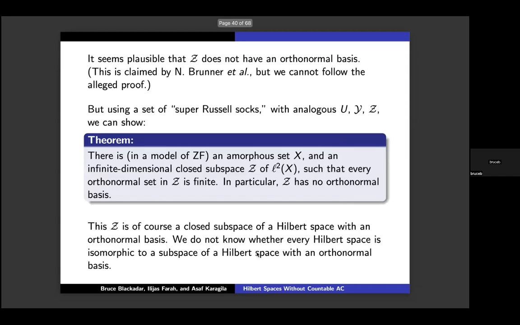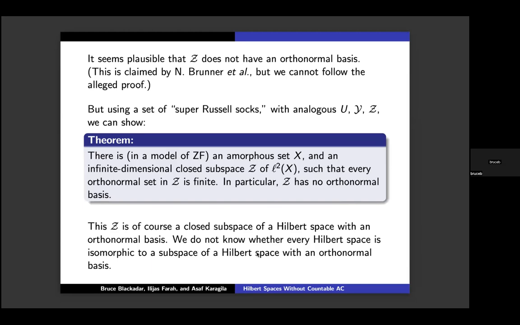But we can jazz things up a little bit into a set of super Russell socks, where the pairs of socks are not indexed by the natural numbers, but they're indexed by a strongly amorphous set. And in the same way, we get a self-adjoint unitary U, and the eigenspaces Y and Z. And we can show that in this setting, this subspace Z does not have an orthonormal basis.